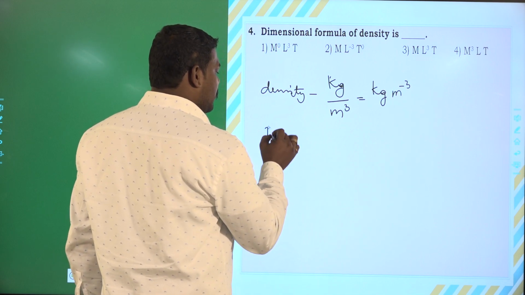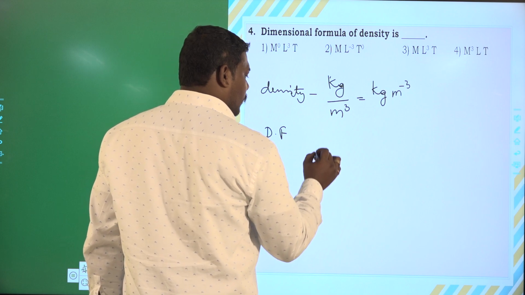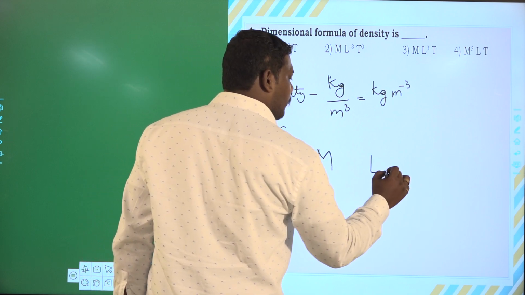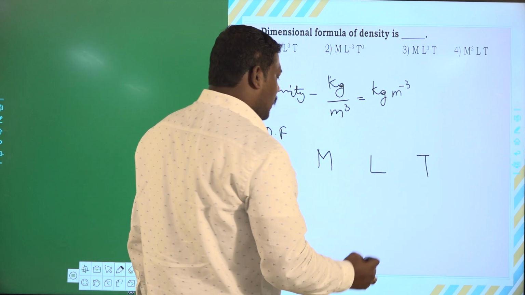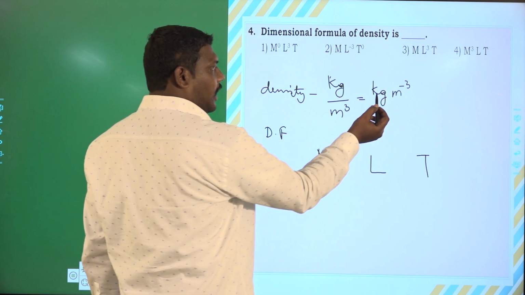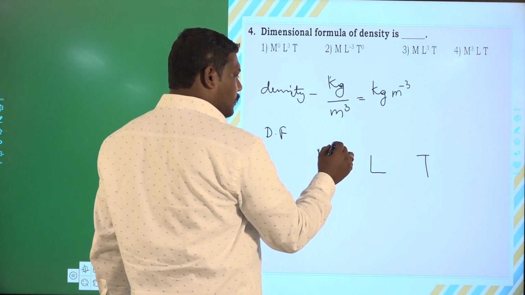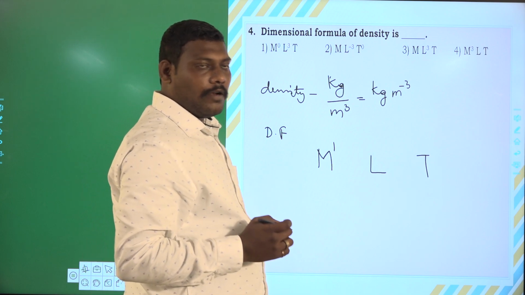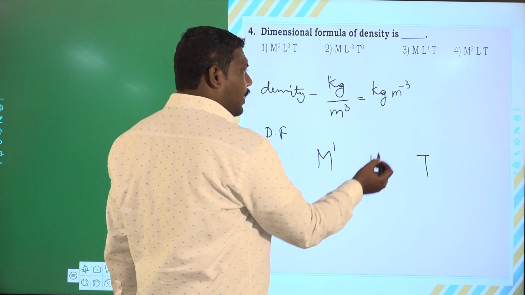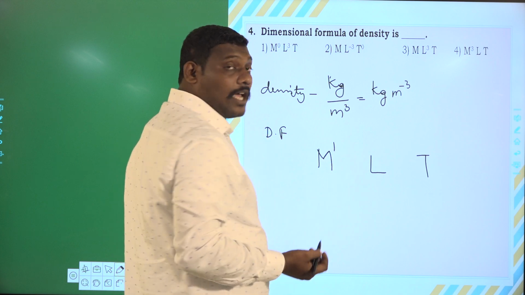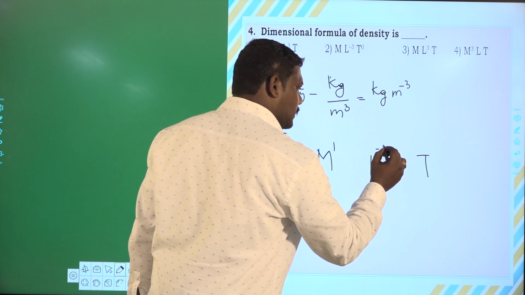Now let us write the dimensional formula, M L T. Now mass unit is there, kg power 1, so mass is raised to 1 power. Length unit is there, meters are raised to -3 power, so -3.